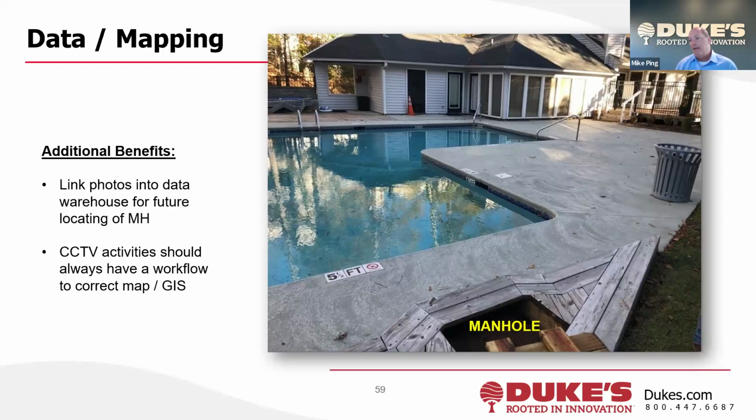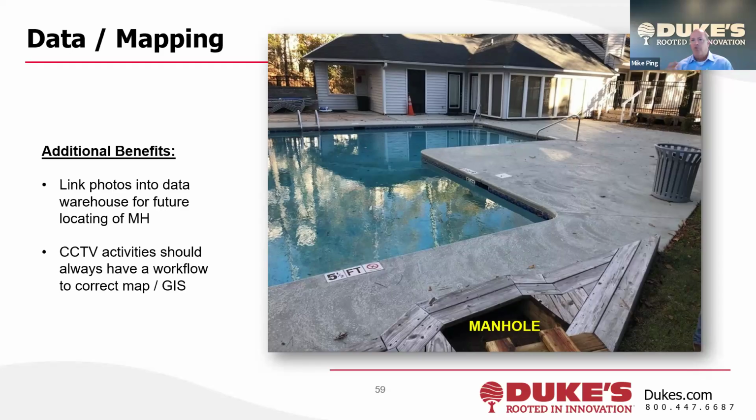We cannot find it, and it's under the deck, really close to a swimming pool. It kind of goes lengthwise with the pool. So obviously there's a lot of value in this picture, but there's no value if it's on somebody's phone and then transferred to Johnny's computer, and that computer ages out. It's got to be linked up in the data warehouse.